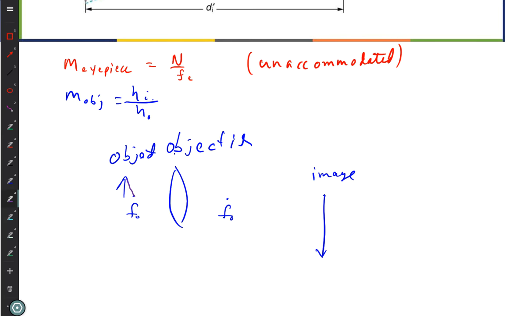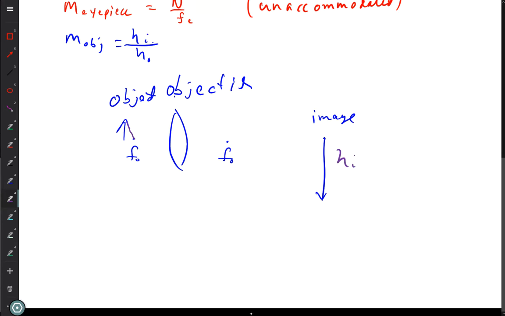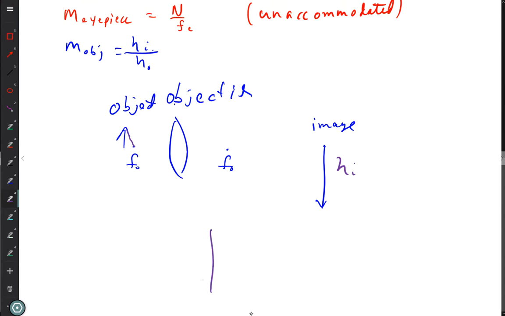Where it says HI, that's this right here. But then the second lens is taking that same HI, putting it a focal length of the eyepiece away from the eyepiece, and then forming the HI prime out here.